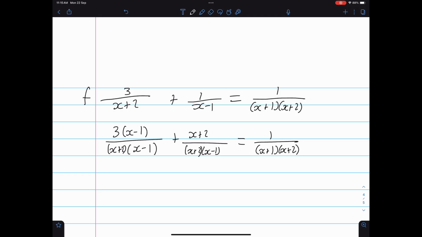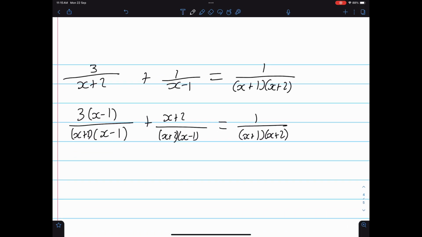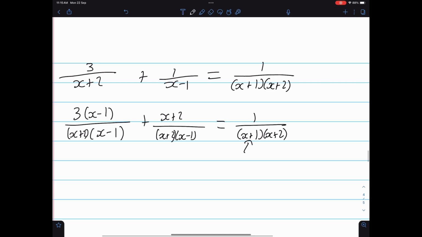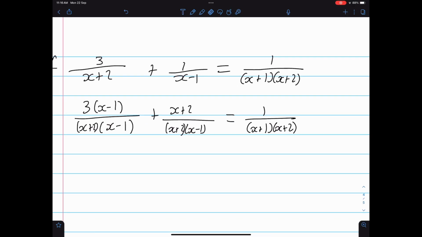That's starting to look quite good, but notice a subtle difference in this. It's got that positive sign. So what we need to do actually is also multiply it by x plus 1 as well.